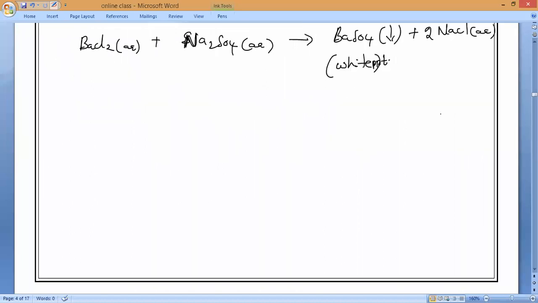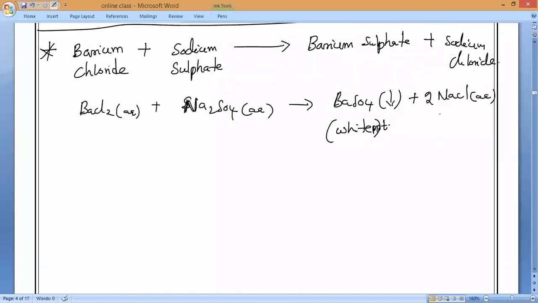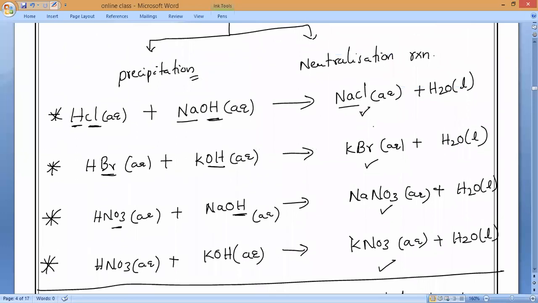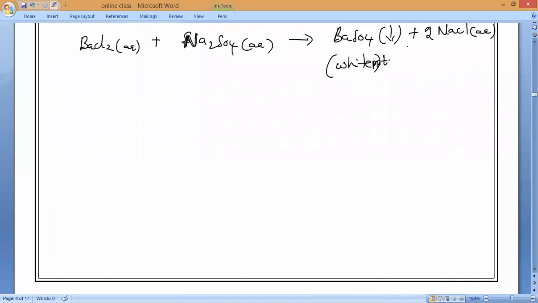Now we have a few more minutes. For your convenience, I will give you a little bit more examples of neutralization reaction. And remember, all neutralization reactions can also represent double displacement reactions. Also, we will get heat. So heat is produced in all neutralization reactions.